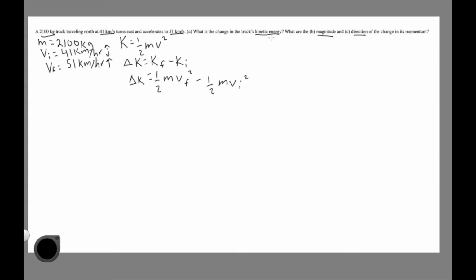And now let's finally just draw a diagram. So we know that the object is moving at 41 kilometers per hour north at the beginning. So let's go ahead and draw our vector. Here's our vector.